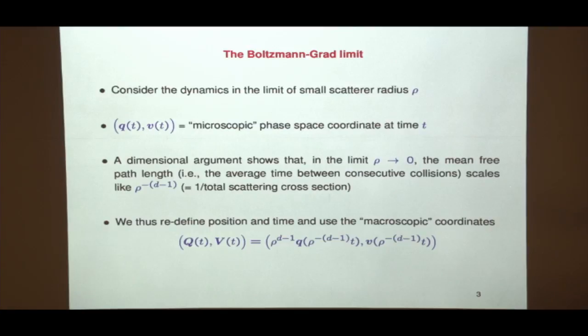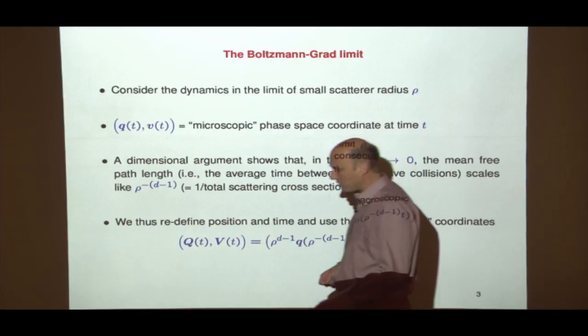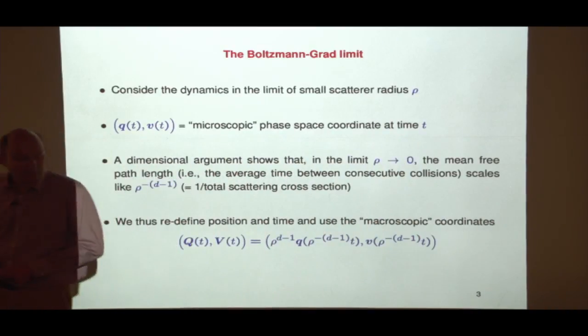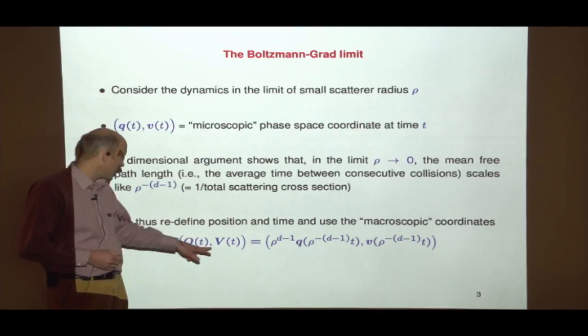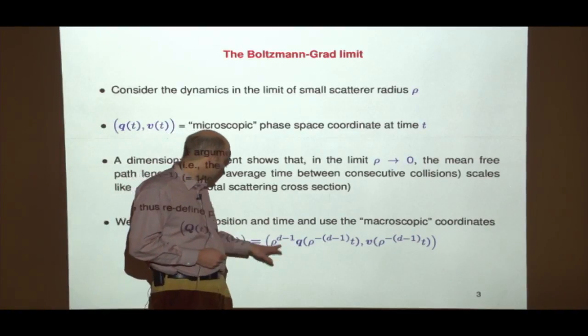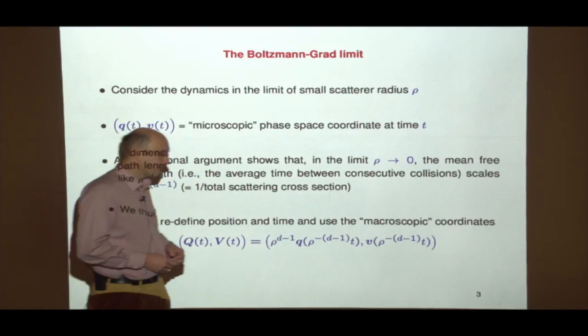And if you look at longer time scales, that's also an interesting question, you would see possibly things like a central limit theorem, diffusion. But we are interested in the so-called Boltzmann-Grad limit, so that's exactly rescaling your time and position coordinates by the mean free path length. So we introduce these macroscopic units by rescaling in the way I described.